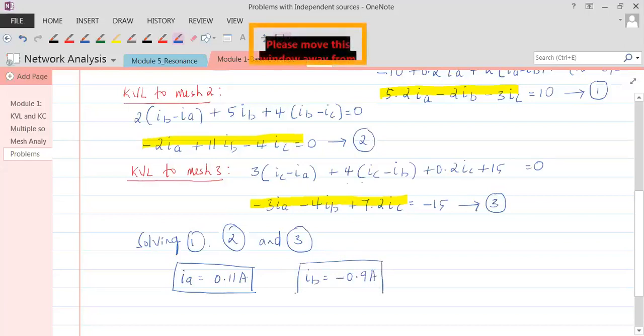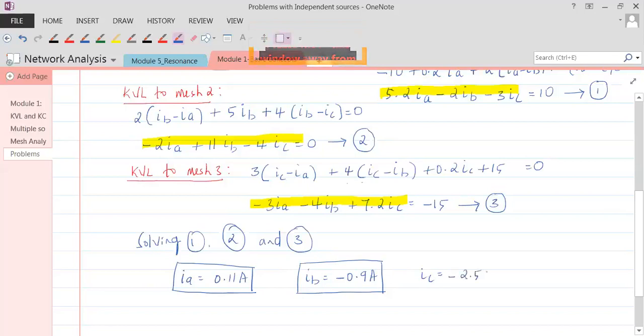Put that in a box again. IC is, if anybody obtained it? Minus 2.53. Minus 2.53, good.